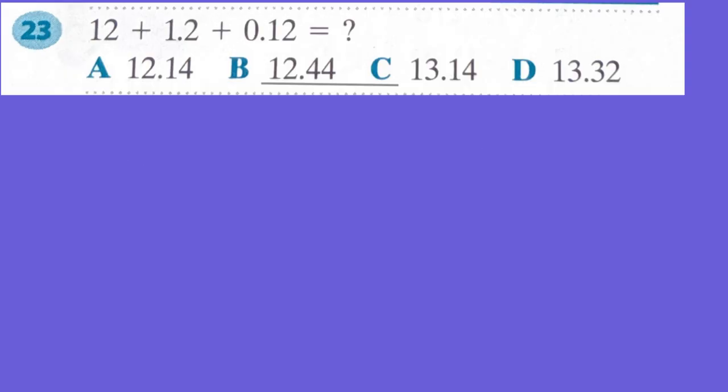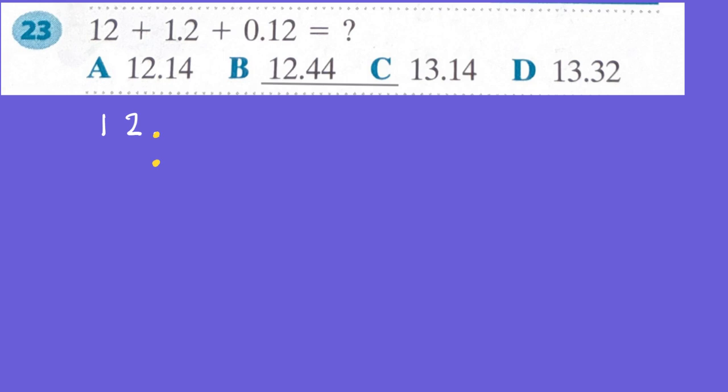To answer this question, you need to know the place value and the position of each digit. So starting with 12, the position of the decimal will go straight after 12 because 2 is the unit and 1 is the 10 value. If we want to add the next number, which is 1.2, we must make sure that the place value of the decimal stays in the same place underneath.